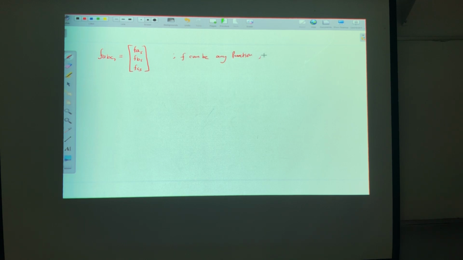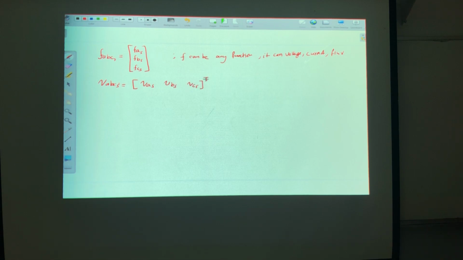So let's assume it can be voltage, it can be current, it can be flux, for example. So simply, if I'm saying that V_ABCS, this will equal to what? V_AS, V_BS, V_CS, and here I will use what?